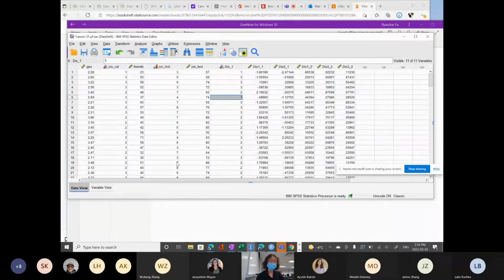And remember, we also have the original data here, see? Originally, the first person is group 1, and we predict group 1. We did a great job, right? The second person is group 3. We predict group 3, but this person here, the sixth person, originally is group 3, but we predict this person is group 1.